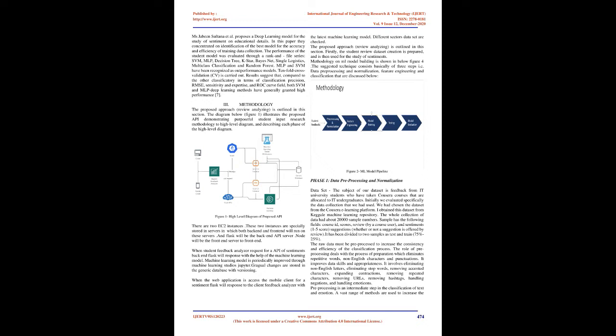The performance of the student model was evaluated through a rank N, file series, SVM, MLP, decision tree, K-star, BayesNet, single logistics, multi-class classification and random forest. MLP and SVM have been recognized as outperforming ANS models. Tenfold cross-validation, CV, is carried out.